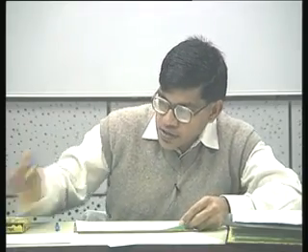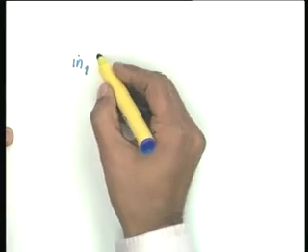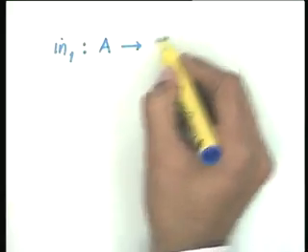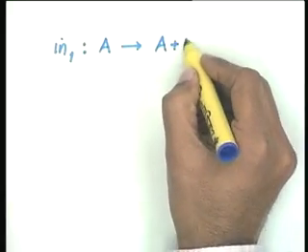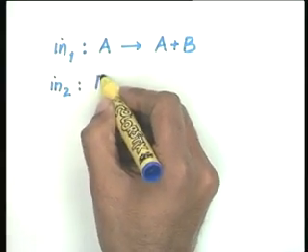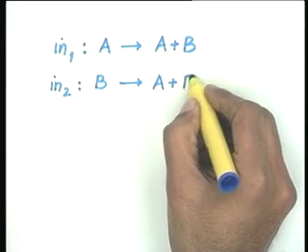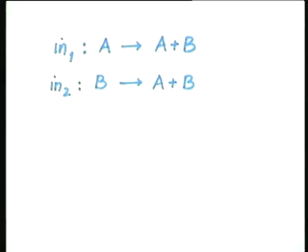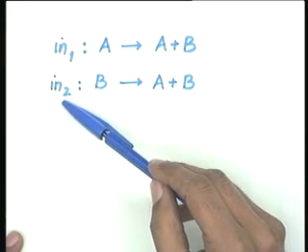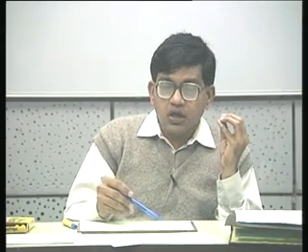There is an injection function in1 which takes an element from A and gives you an element of A plus B, and there is an injection function in2 which takes an element from B and gives you an element of A plus B. So actually these two injection functions are really what constitute the constructors for the disjoint union operation.